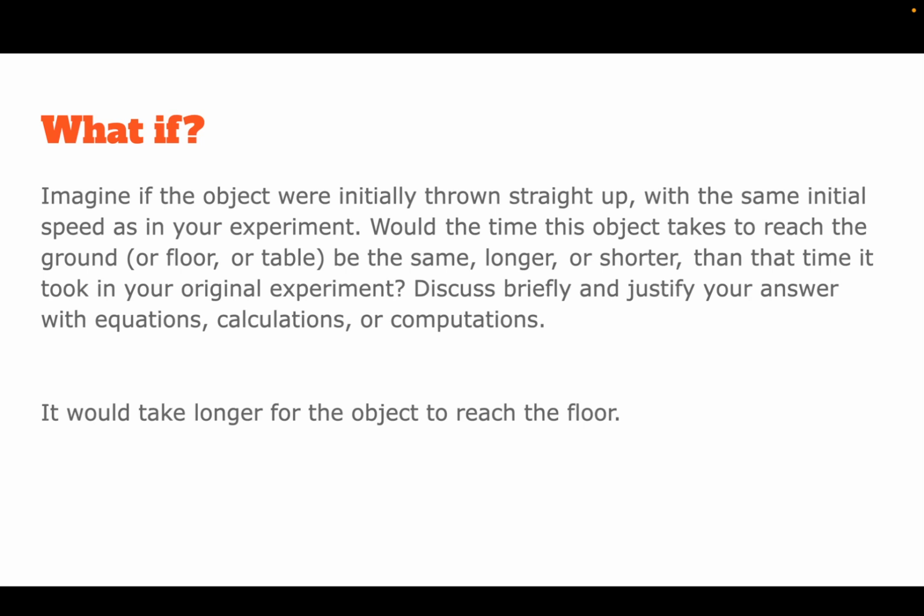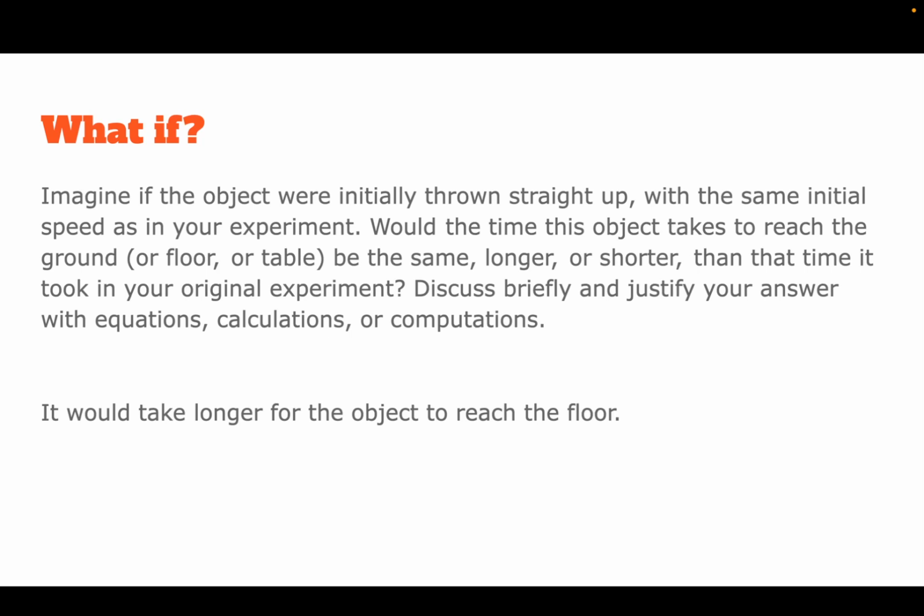What if? Imagine if you throw straight out with the same initial speed in your experiments, would the time this object takes to reach the ground be the same, longer, or shorter? Okay. It would be longer. This is because it would take longer for the velocity of the y value to be negative, because in our experiments, the y value starts at 0 and the x value is positive.